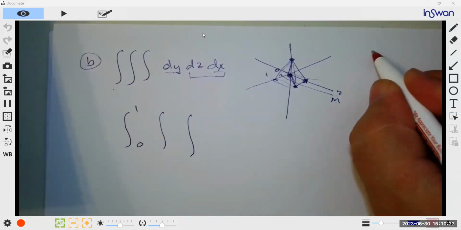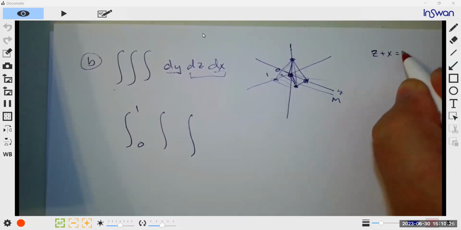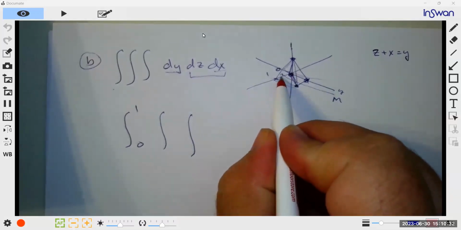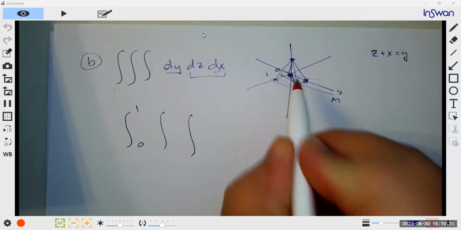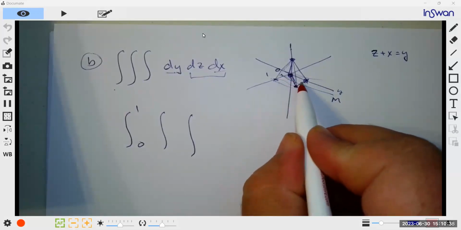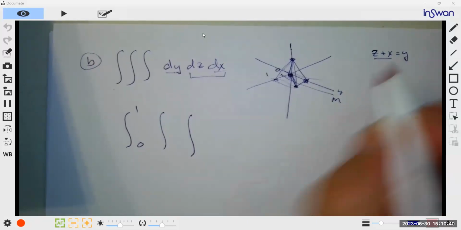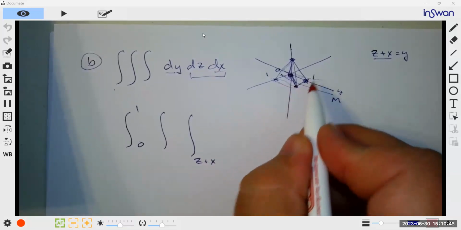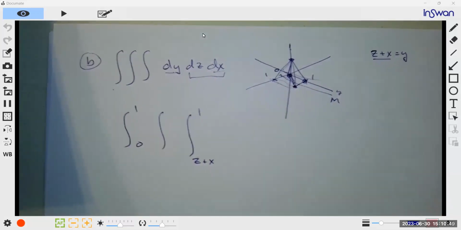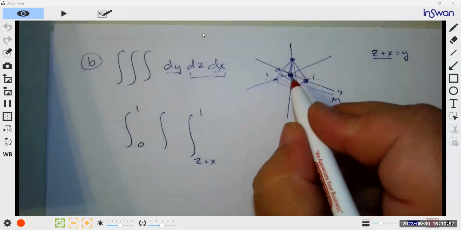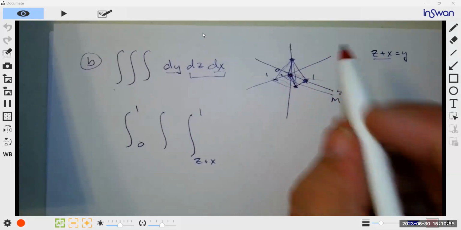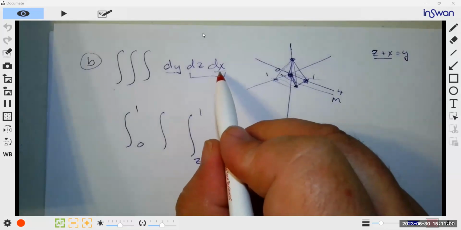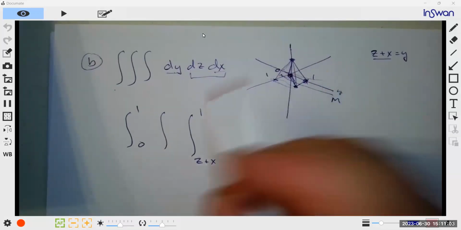Remember, our equation we had was z plus x equals y. So going this way, when we first touch the graph, it's at z plus x, and it exits when y is 1. All right, now we have to draw another bound of integration, a line.